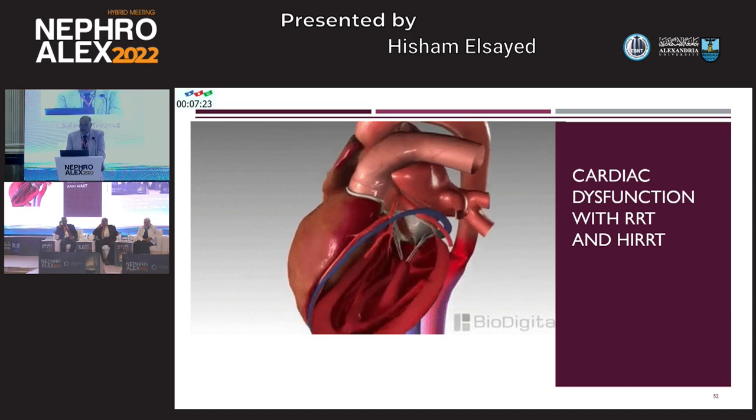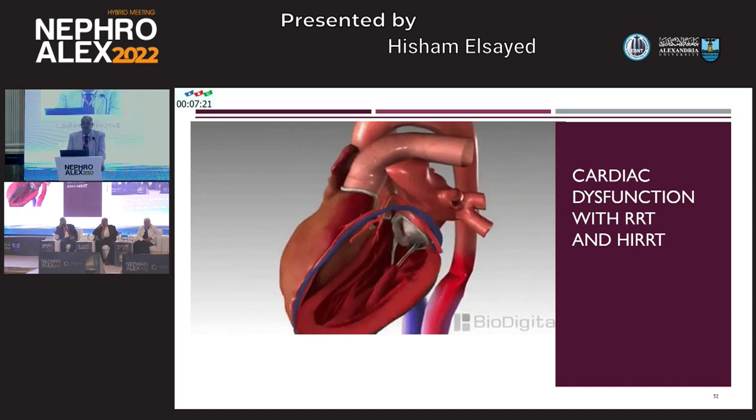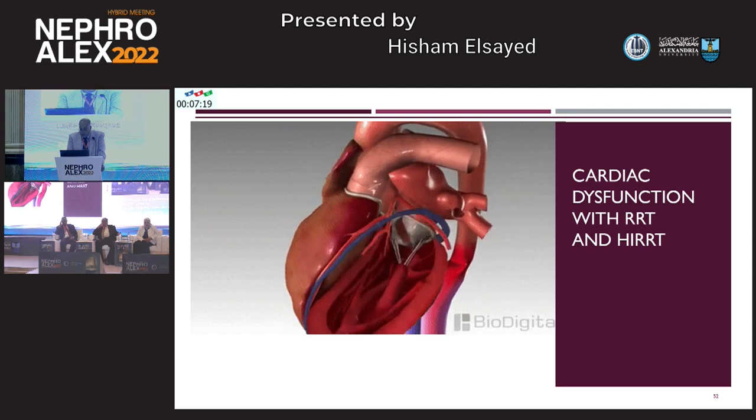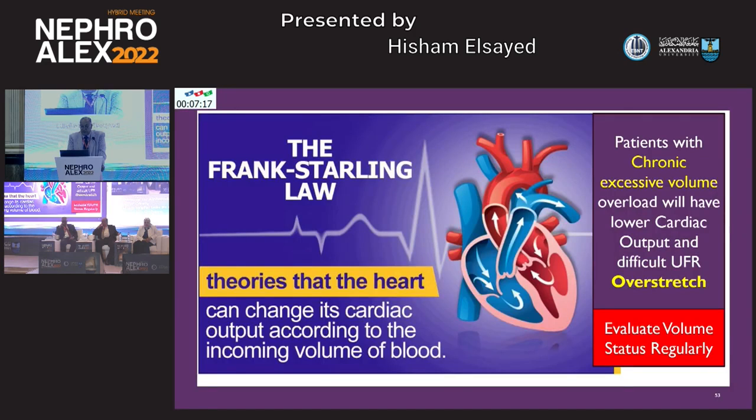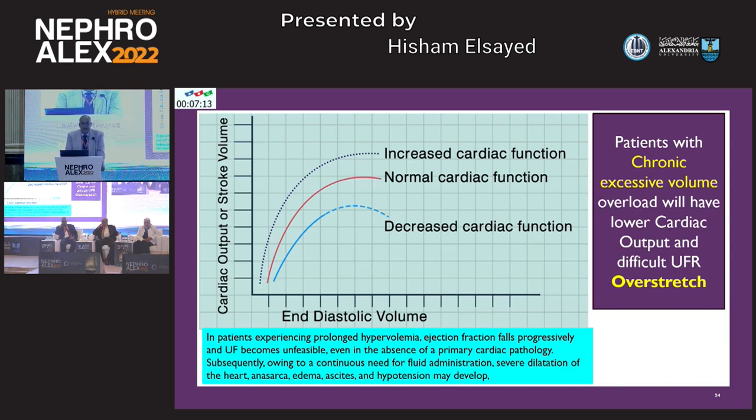However, in cardiac dysfunction with renal replacement therapy, in hemodynamically unstable renal replacement therapy, it will follow the Frank-Starling law, which means that with increased dimension of the ventricles by volume overload, we have decreased cardiac output due to overstretch.